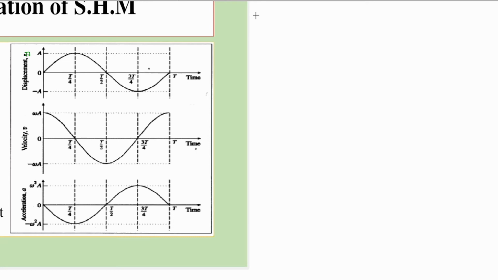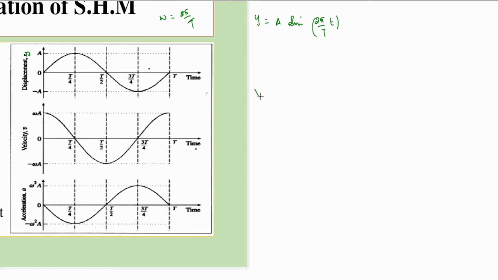Understand this? Let's recall that y is equal to A sine of omega into t, but omega is equal to 2 pi by T. It becomes A into sine of 2 pi by capital T, where capital T is its time period, into small t.